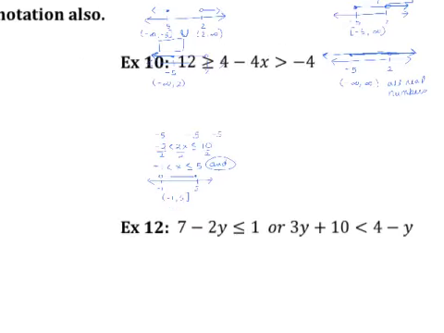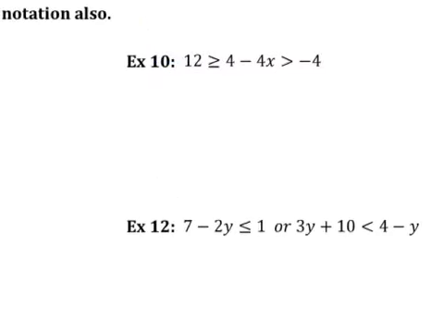Alright, so before we can go to the number line, we still have to solve this, and remember, whatever we do in the middle has to happen on both ends. So in the middle, I've got a 4, so I'm going to subtract that 4 everywhere. And I'm going to have 8 greater than or equal to -4x greater than -8.